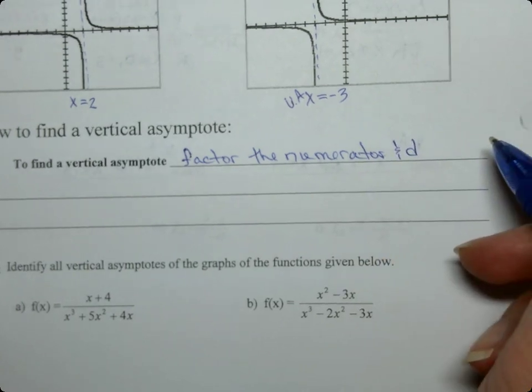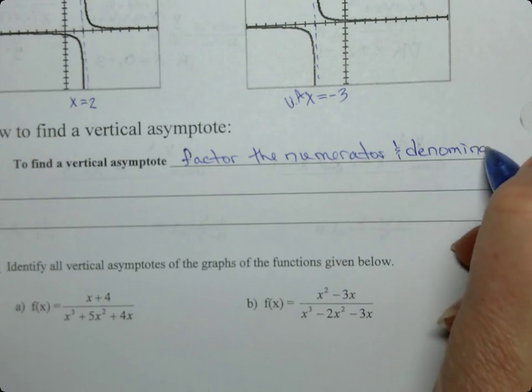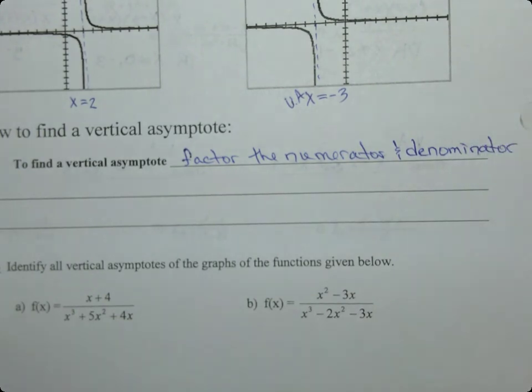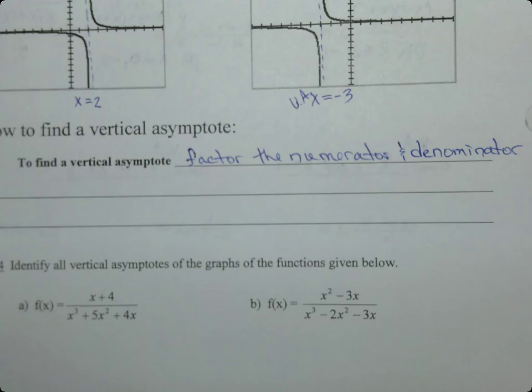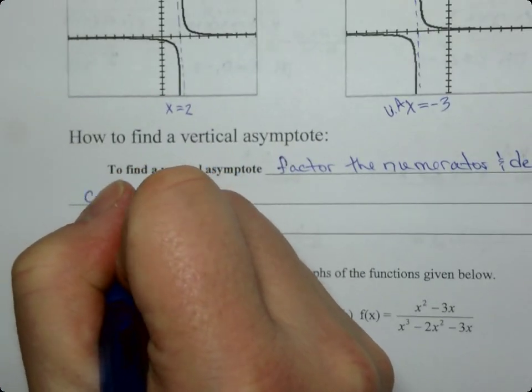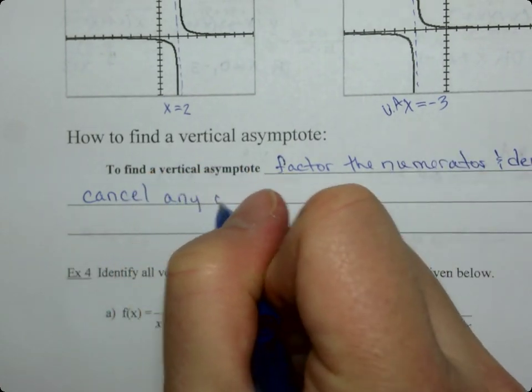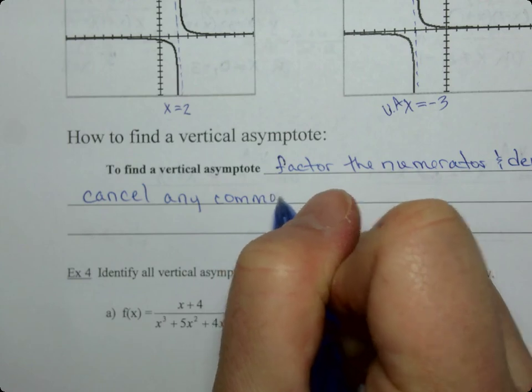So if you're only asking for a domain restriction, we only have to worry about the denominator. But if you're doing vertical asymptotes, we got to do both. So factor the numerator and denominator, cancel or reduce any common factors.